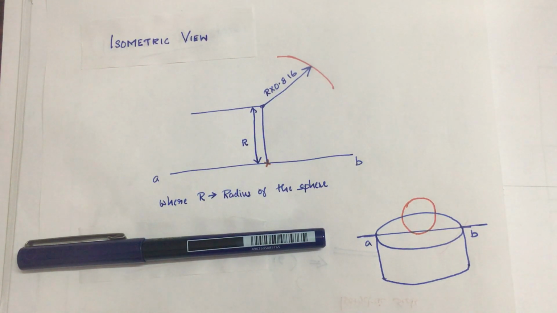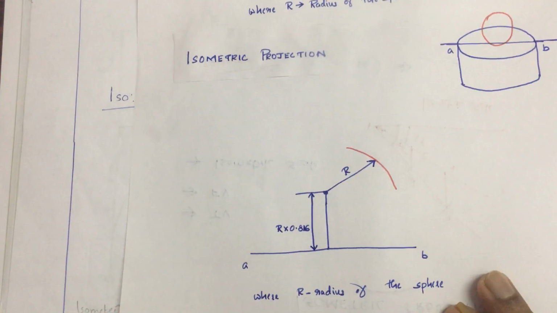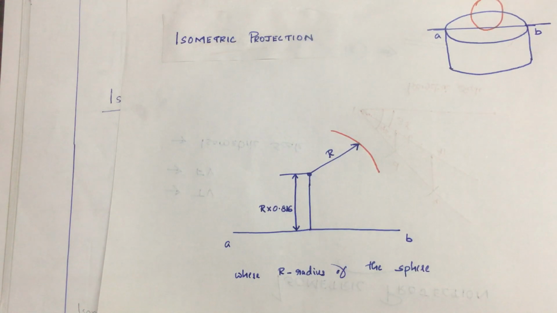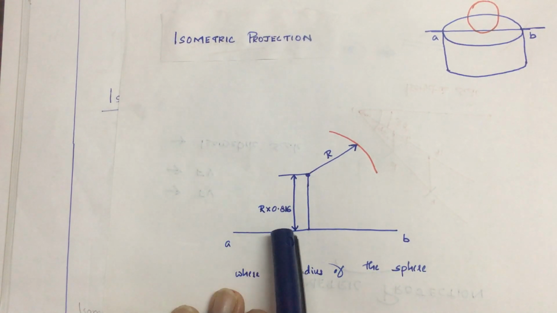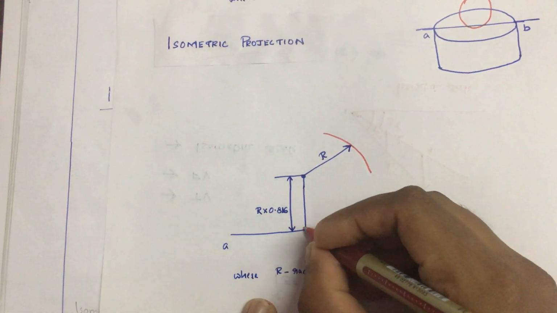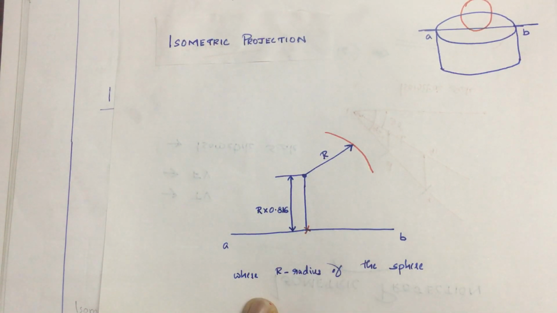You have to memorize this particular method, whereas in the case of isometric projection this is reversed. In the case of isometric projection you have the same figure. Here in the isometric view we take the distance R. Here the distance is multiplied by 0.816, and I am repeating, this point is the central point of the line AB.